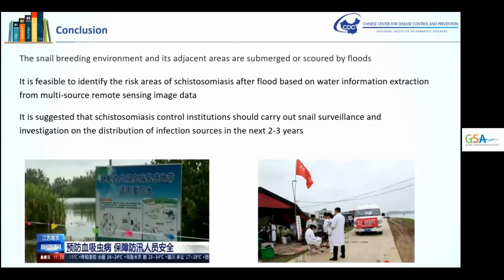And it is feasible to identify the risk areas of schistosomiasis after floods based on water information extraction from multi-source remote sensing image data. It is suggested that schistosomiasis control institutions should carry out snail surveillance and investigation on the distribution of infection sources in the next 2 or 3 years.